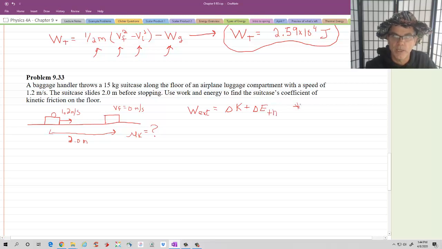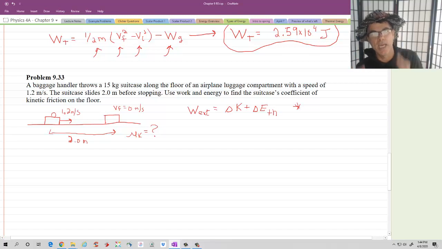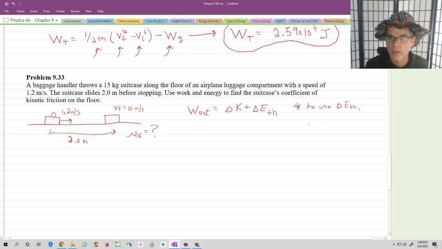But an important piece is that if you're going to use thermal energy, everything that heats up must be part of the system. So to use delta E thermal, everything whose temperature increases must be included in the system.